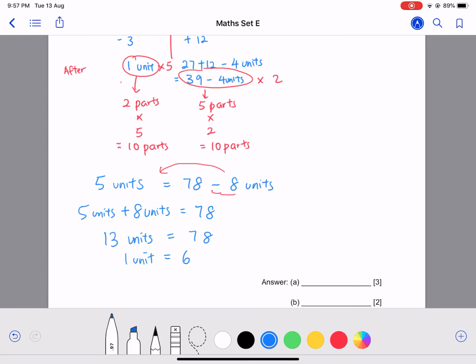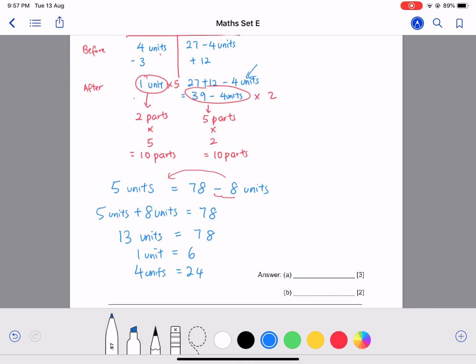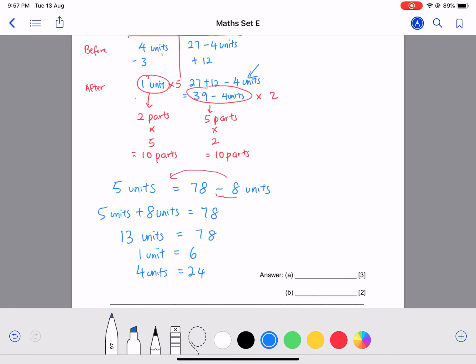Alright, so right now we will want to find how much is this 4 units, which is parked here. 4 units is actually 24. Sorry, my mistake.